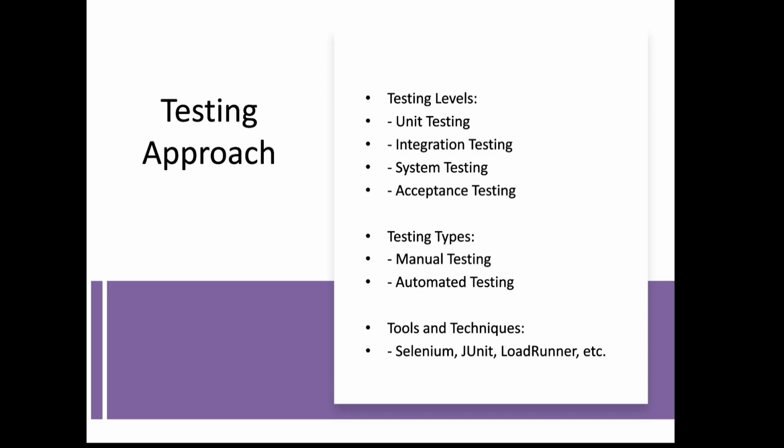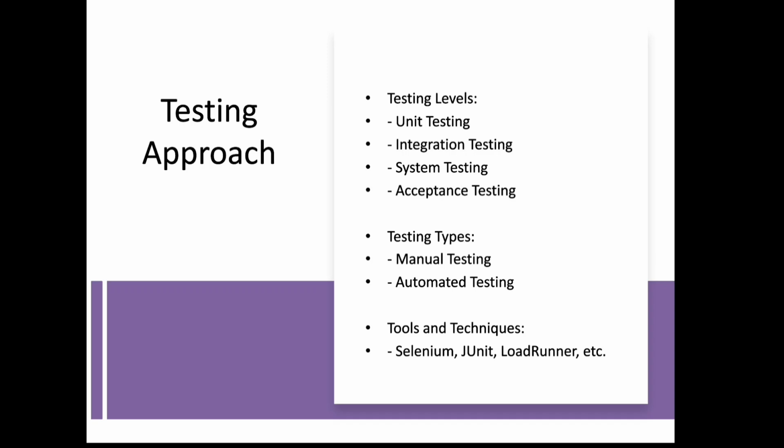Another thing: we have two types of testing, manual and automated. While doing regression testing, we have to automate our regression cases. That is required because without automation testing, test coverage would be bare minimum.